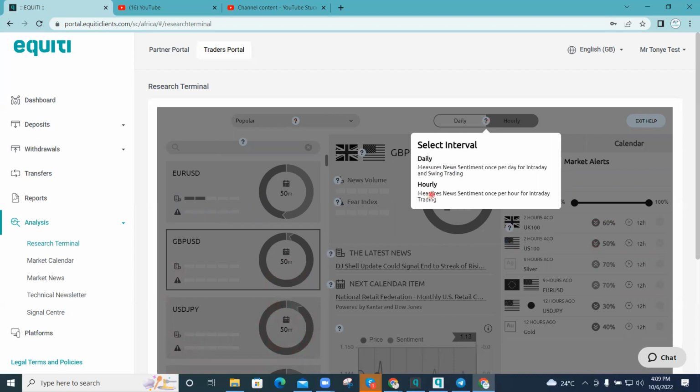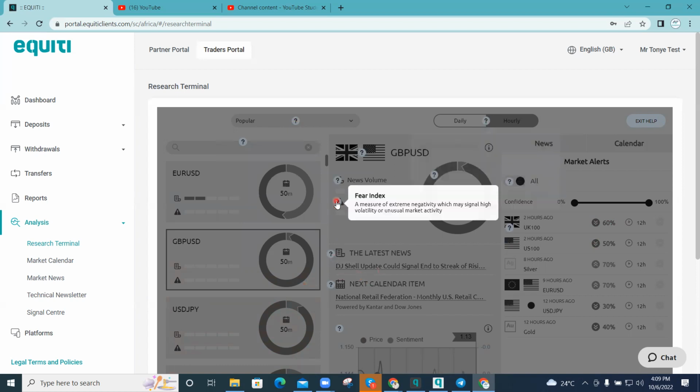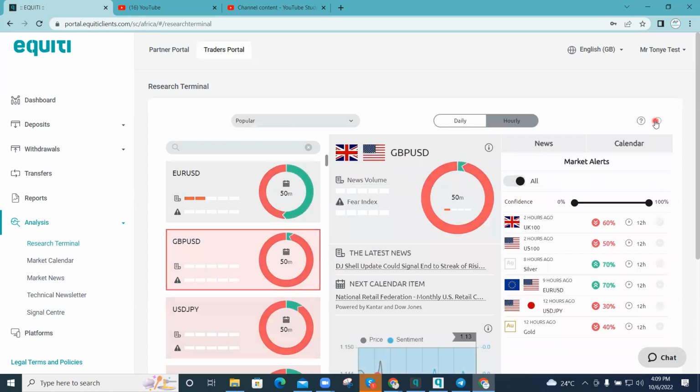And the hourly time frame, which measures new sentiment once per hour for intraday or day traders. So whatever you feel you don't understand, you can always check that. For the fear index, as I told you, it measures extreme negativity, which may signal high volatility on usual market activity in the market. So all of these, you can always get help, and click exit, you're back.